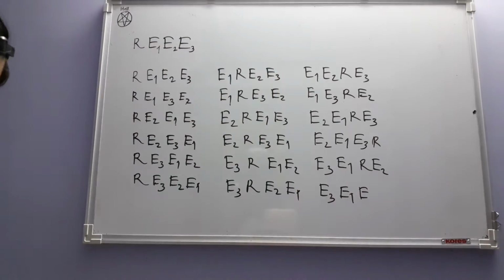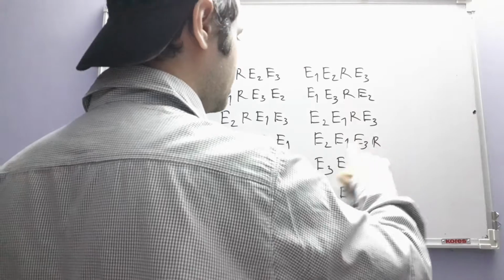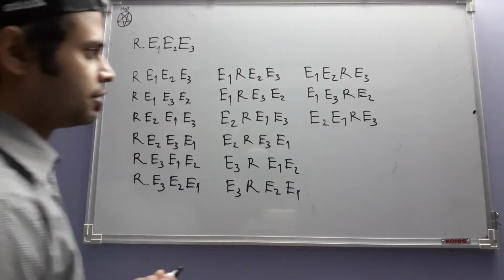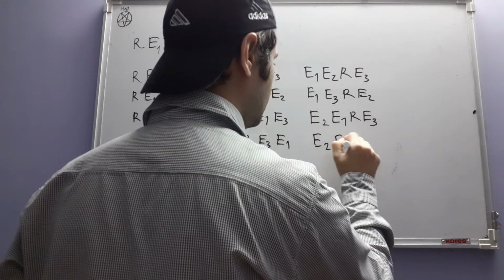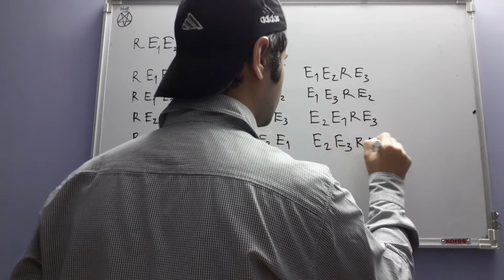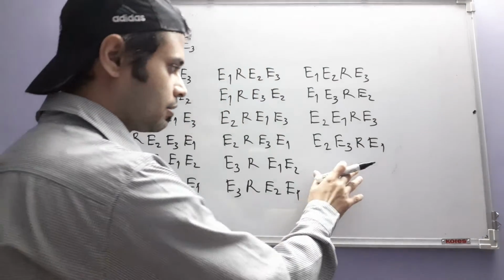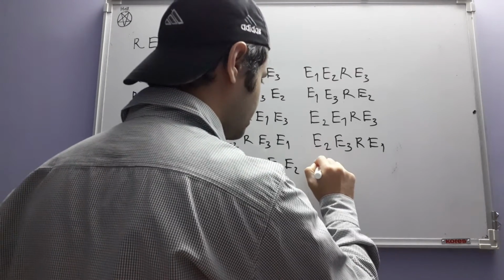No, I think I have made a mistake here. E1 E2 R E3. Till this it was okay. After that I made a mistake. E1 E3 E2, E3 R E1. I said I was going to use a second scheme, but I started using the first scheme of writing itself.